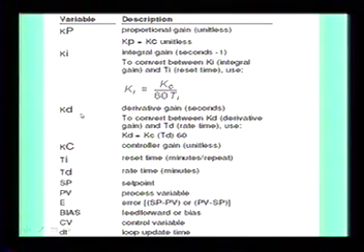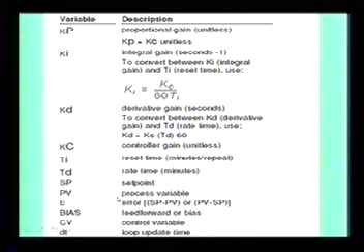Here you've got your derivative gain, and then you can convert between Kd, the derivative gain, and Td, the time rate. So here Kc is a controller gain, and then you have your Ti, your reset time. Td is your rate time in minutes. SP is your set point.